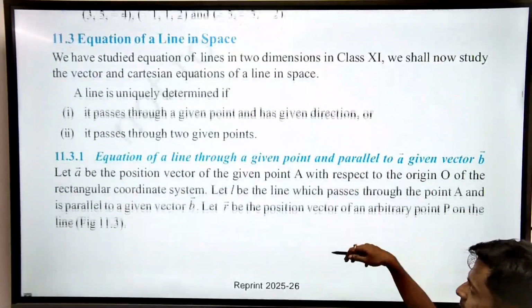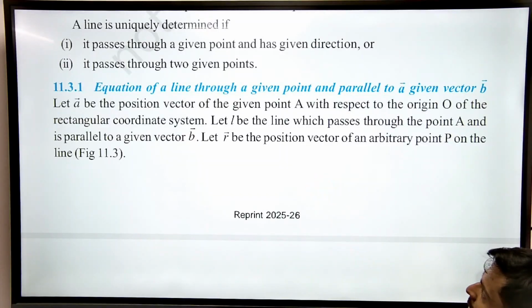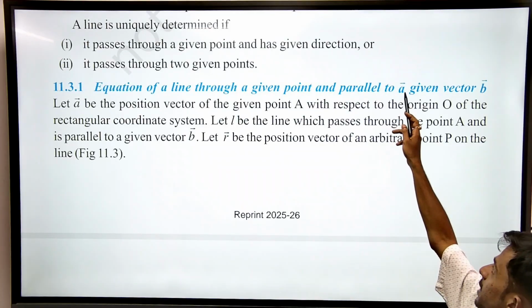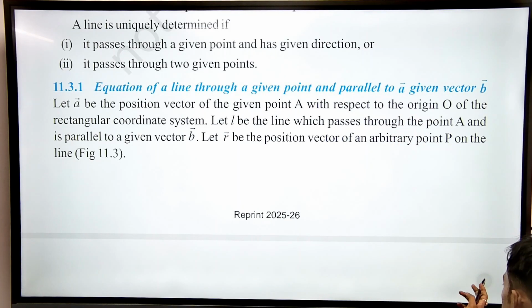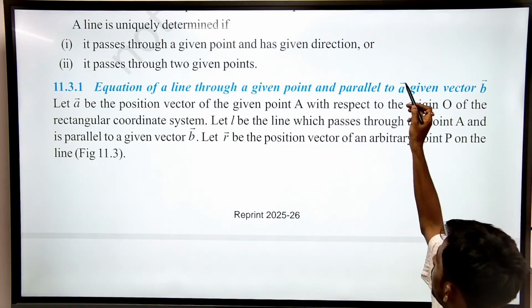Now equation of a line in space. Now take this heading: equation of a line through a given point and parallel to a vector b. ये a vector नहीं है, ये प्रिंटिंग मिस्टेक है. This is your a only. हेडिंग डालो, इसको लिखो. This is not a vector.